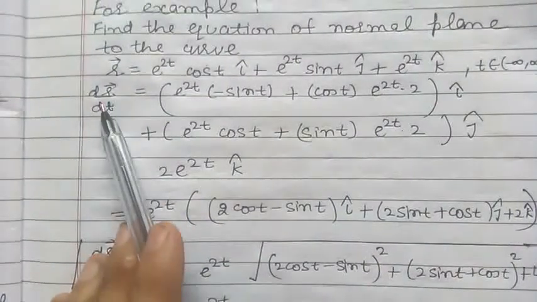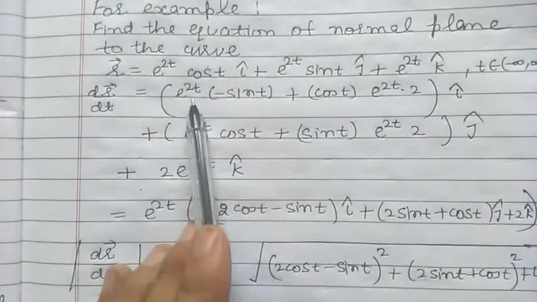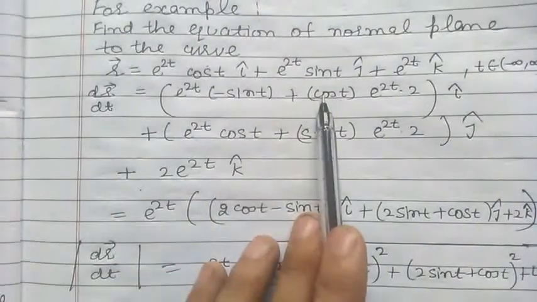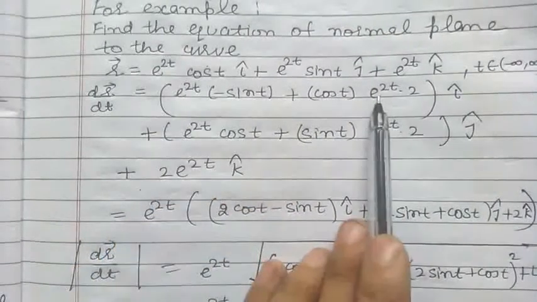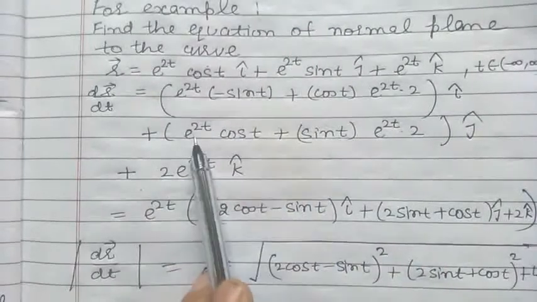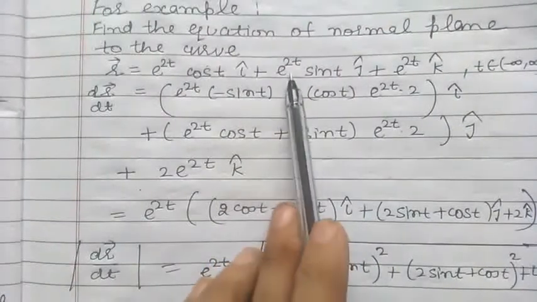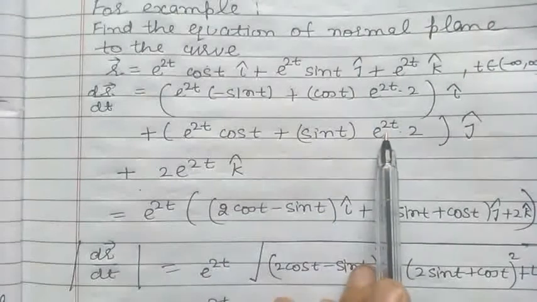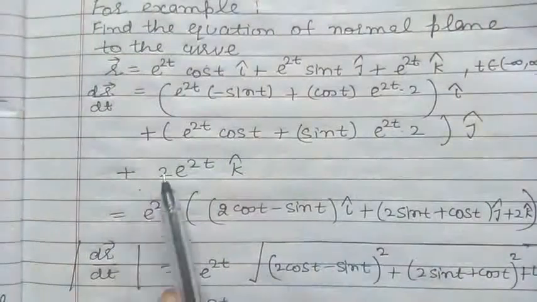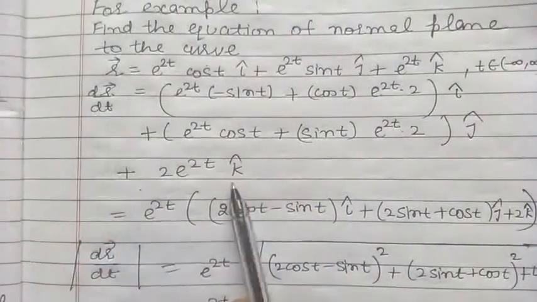So let us differentiate it using the product rule of differentiation: e raised to the power 2t as it is, the derivative of cos t is minus sin t, plus cos t as it is, the derivative of e raised to the power 2t, that is e raised to the power 2t into 2, plus e raised to the power 2t as it is, the derivative of sin t is cos t, plus sin t as it is, the derivative of e raised to the power 2t, that is e raised to the power 2t into 2, plus the derivative of e raised to the power 2t, that is given by e raised to the power 2t into 2. So we have obtained the tangent vector.